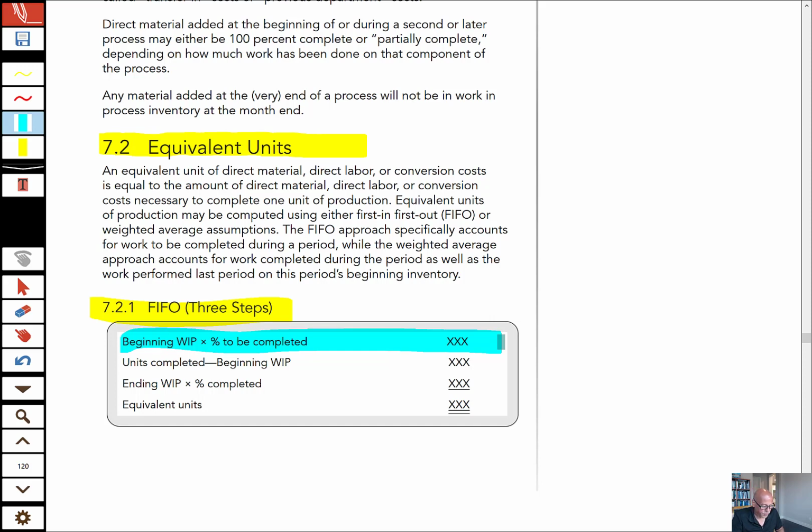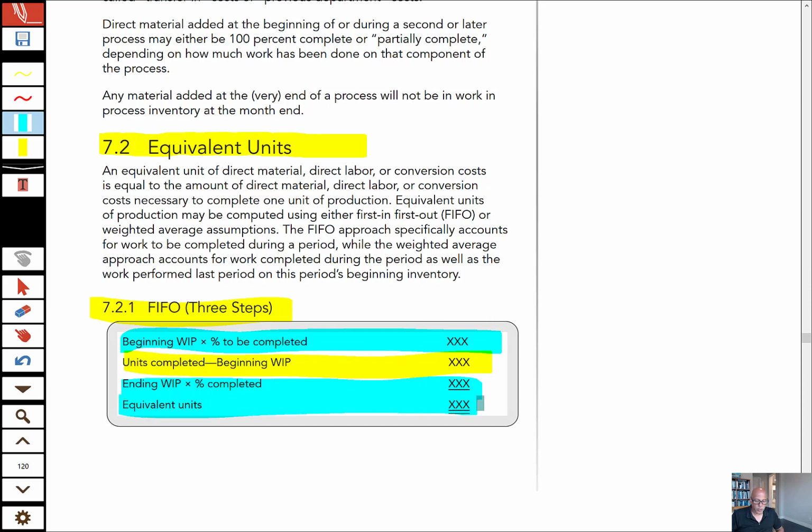Then we take whatever units were actually completed for the period, and whatever's in our ending inventory, and we give ourselves credit for what we completed this period. So for our work in process at the beginning, units completed, that's 100%. Ending work in process, whatever we completed this period, that's the equivalent units.